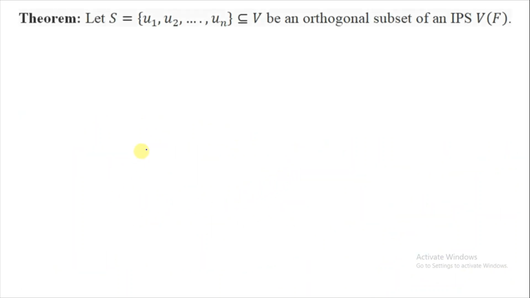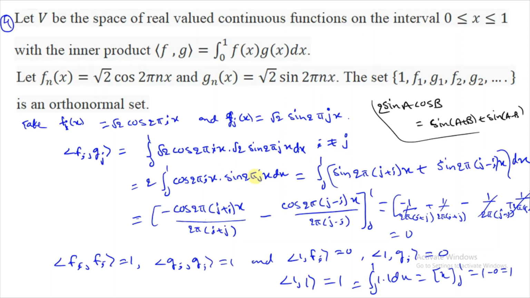Now on to the theorem. Let S equal to u1, u2, ..., un be a subset of V. But first, suppose you take i equal to j, with cos 2 pi i x and sin 2 pi i x.